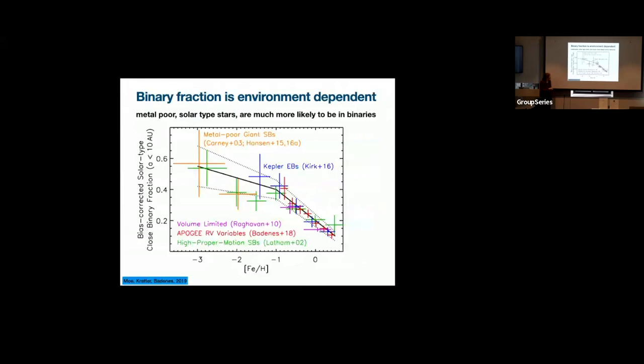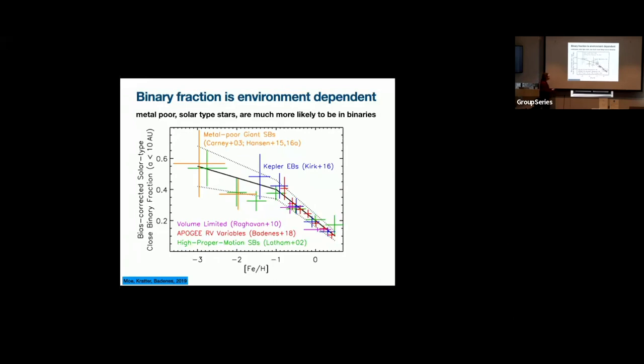Okay, so that's the lay of the land. The next big thing that's changed in our understanding of binary star statistics in the last few years is the idea that it's actually dramatically environment dependent, at least in some parts of the parameter space. What we now know is that metal poor solar type stars are much more likely to be in close binaries.